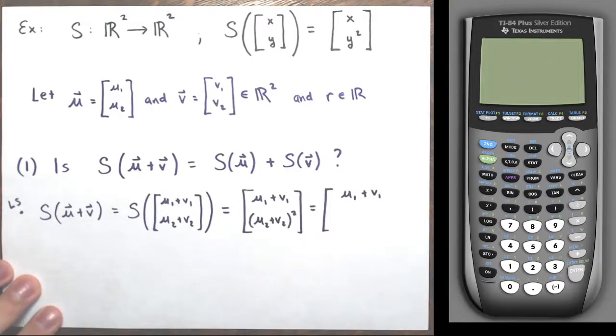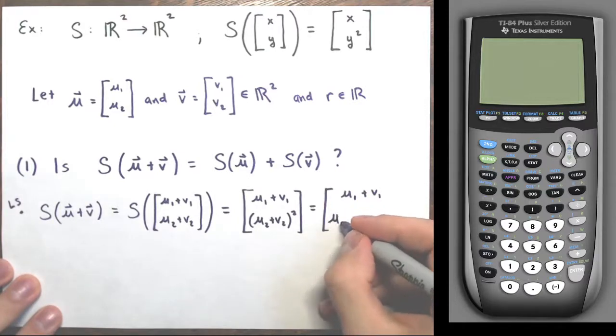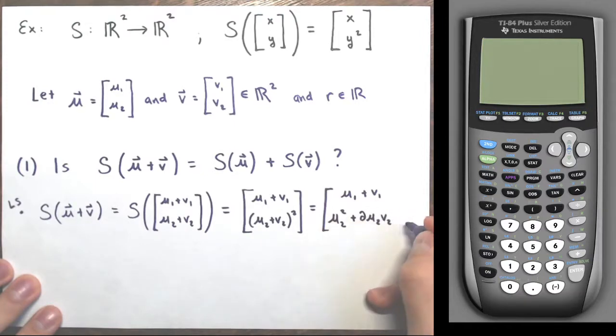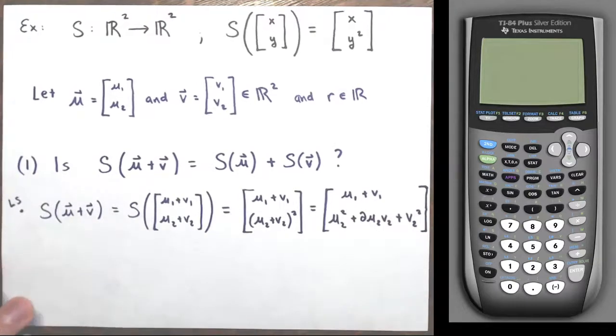That's u2 plus v2 times u2 plus v2, and you FOIL. So that'd be u2 squared plus 2 times u2 v2, and then plus v2 squared. There. Okay. So that's my resulting output when I plug in u plus v to operator S.